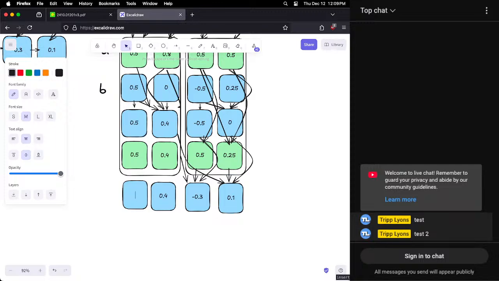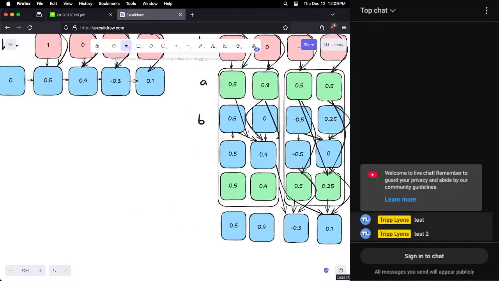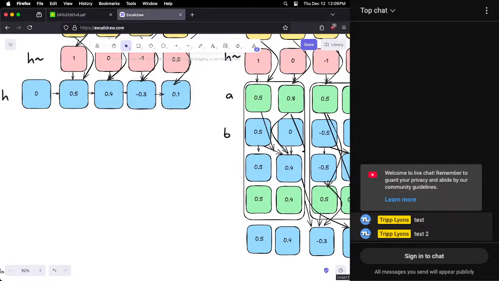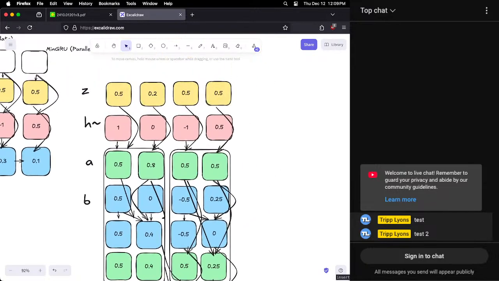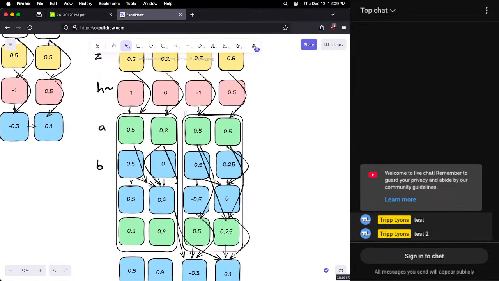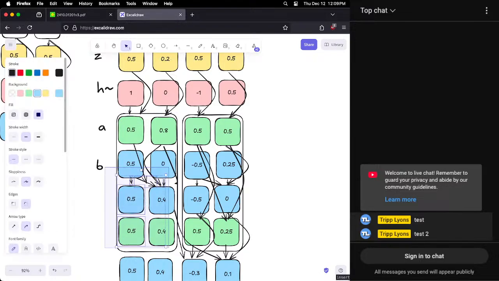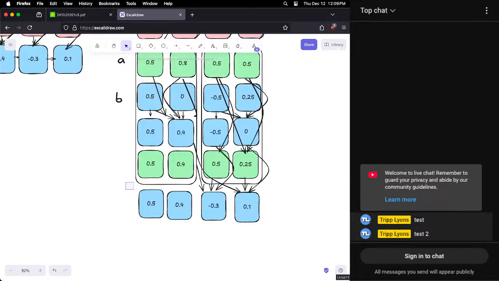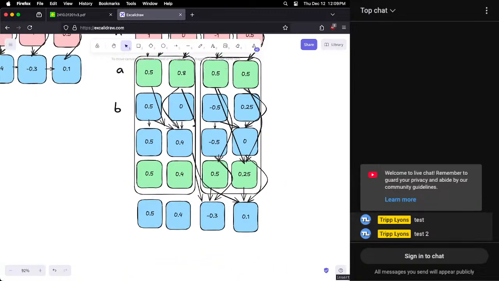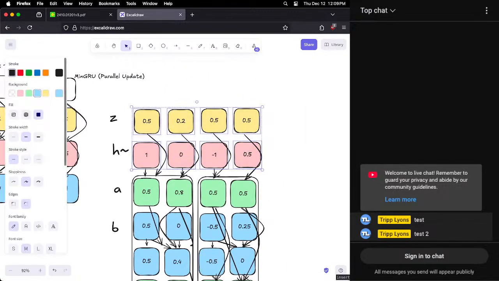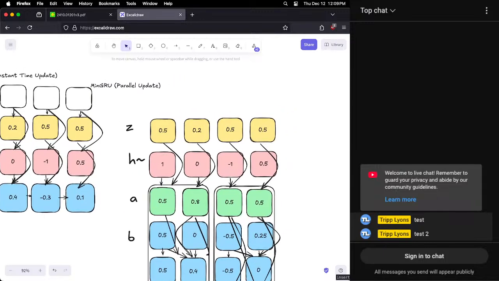And then we get our final sequence that matches in a parallel form. So each of these groups can be done in parallel on a GPU or similar hardware. You could run these in parallel, and then you could run even larger steps in parallel, which makes it a lot faster.